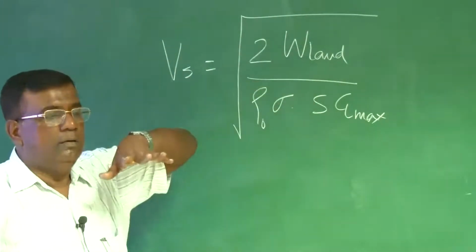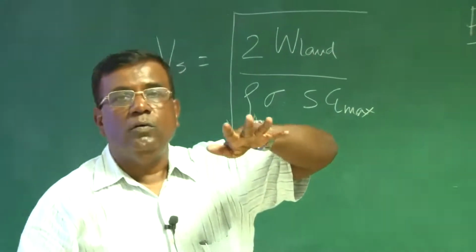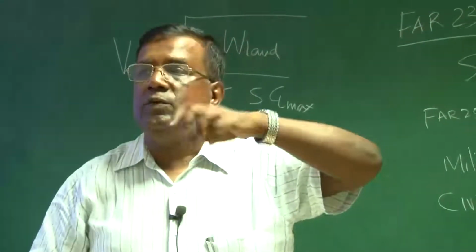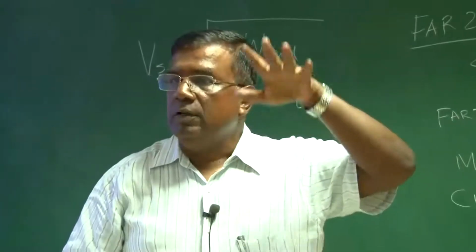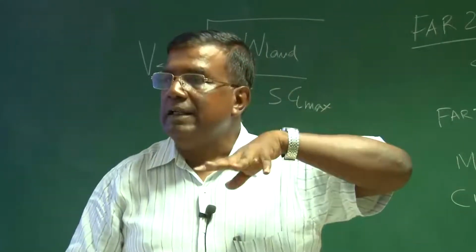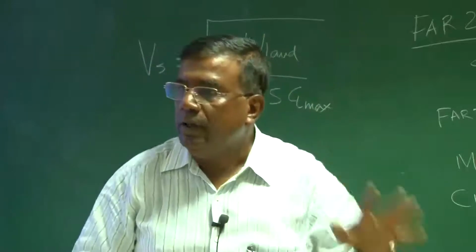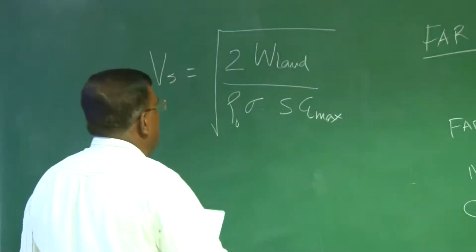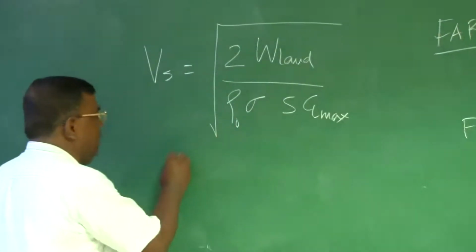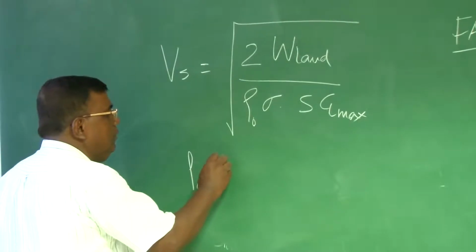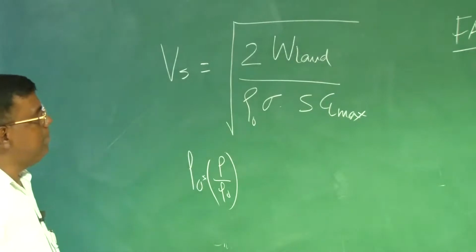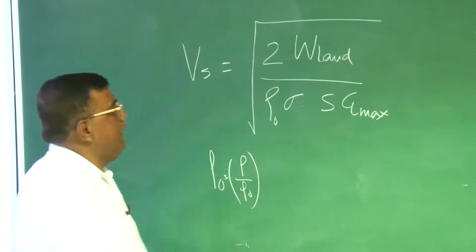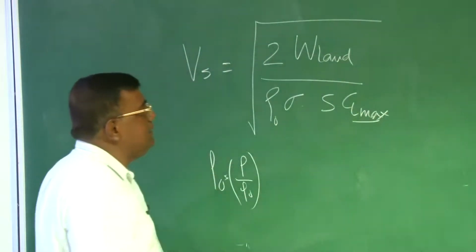So whatever weight with which you are taking off, when you come for landing, at least fuel is burnt. So the weight reduces. So W by S during landing is less than W by S during takeoff, right? Now here, instead of sigma, this is sigma rho naught into rho by rho naught, it is written. Both are same. And CL max, you know what is CL max.